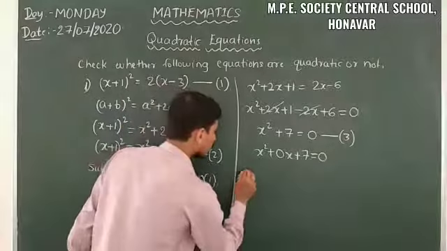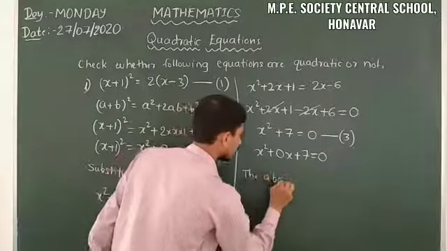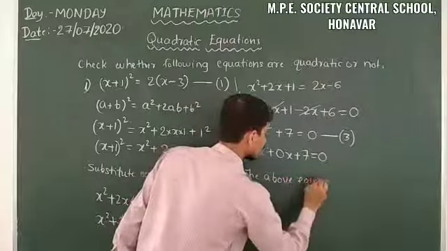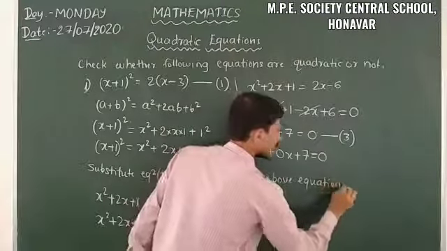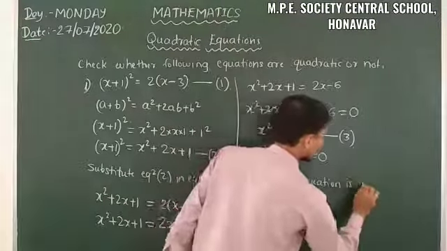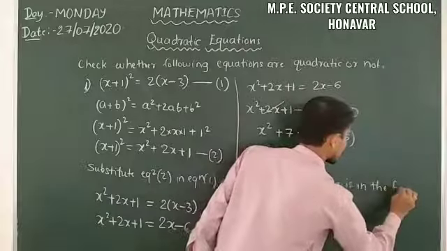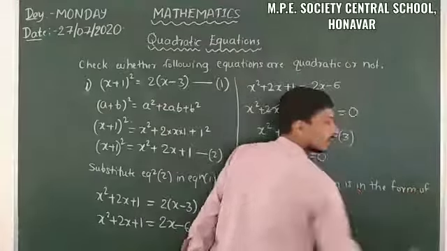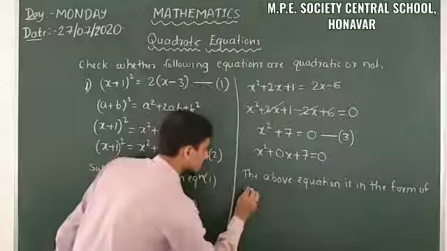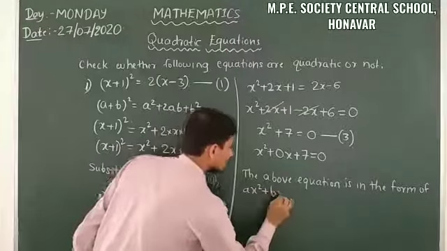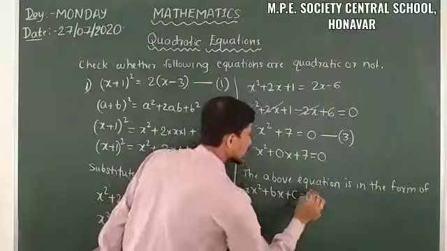The above equation is in the form of ax² + bx + c = 0.